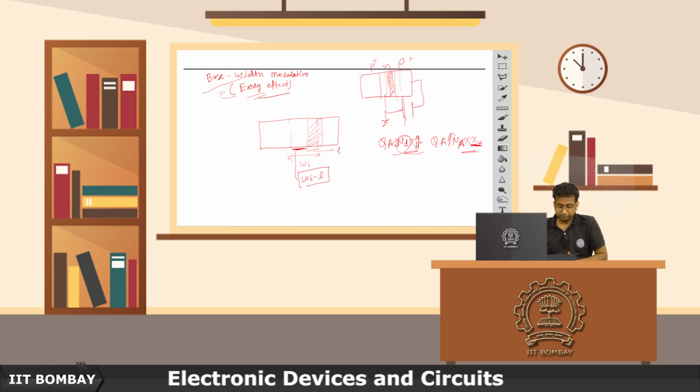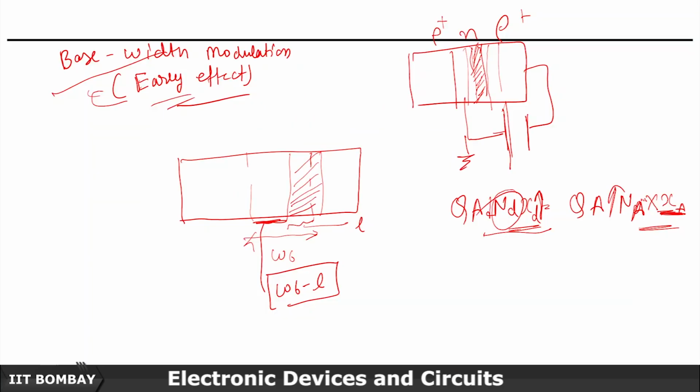So basically what will happen now, if you are considering a case of a PNP transistor, is that holes have to transit less distance before reaching the collector. So when VC is increasing, what will happen here?